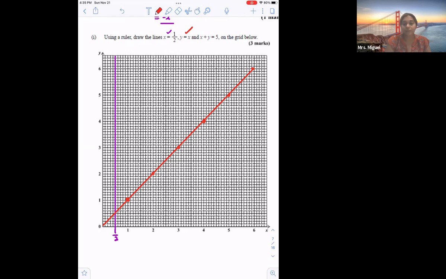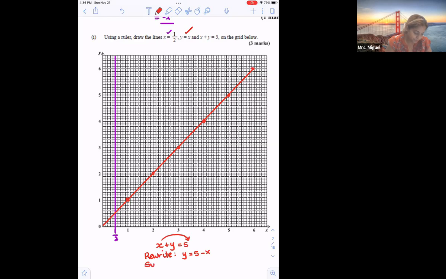The next one, x plus y equal to 5. You need to rewrite this as y equal to 5 minus x. And we need 2 points to draw the line.